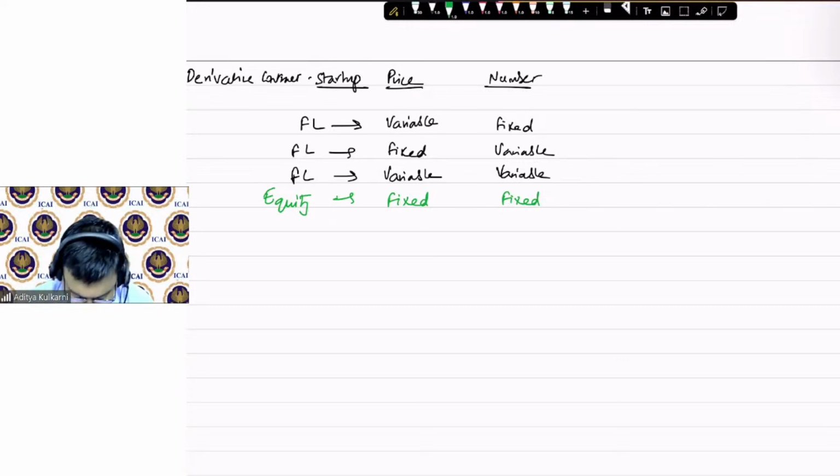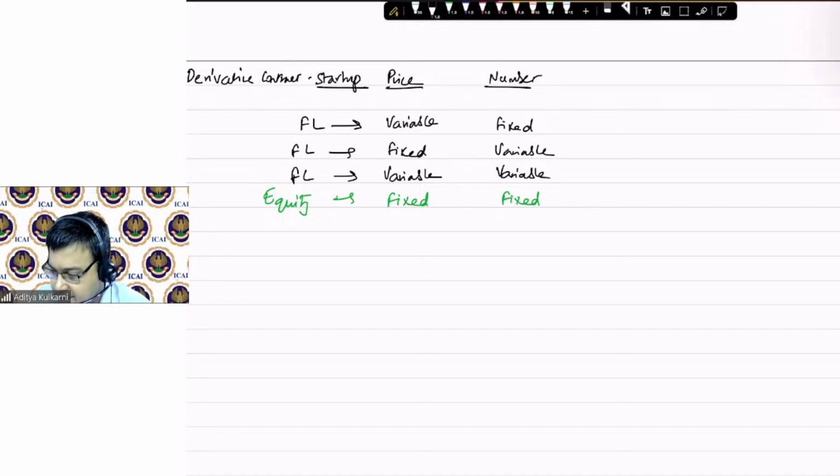Okay, so now the question is how there is an agreed price. So what are the features of a derivative contract? Number 1, it is based on the value of the underlying. The movement in the price depends on the value of the underlying.